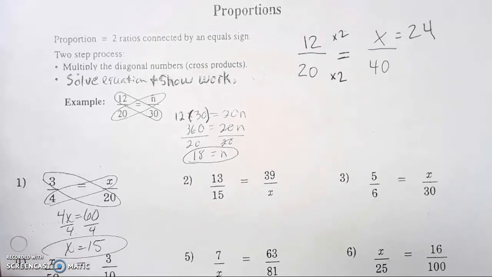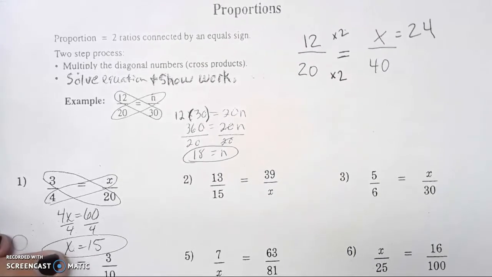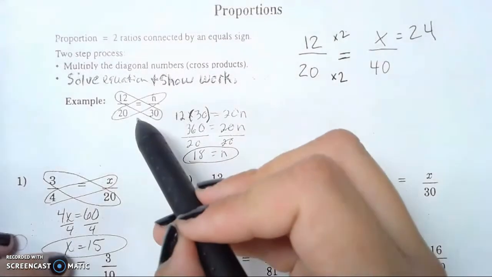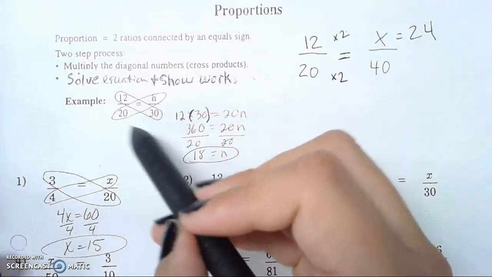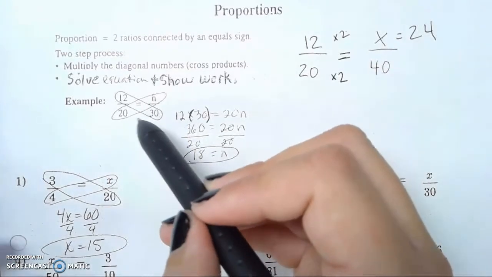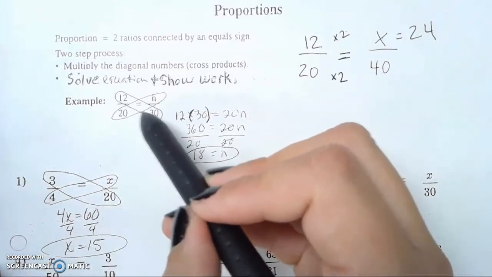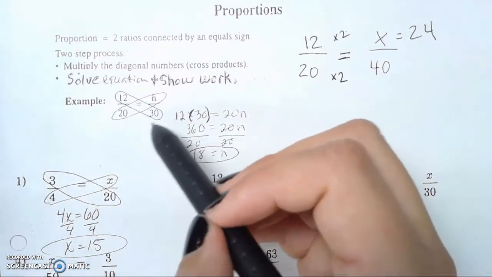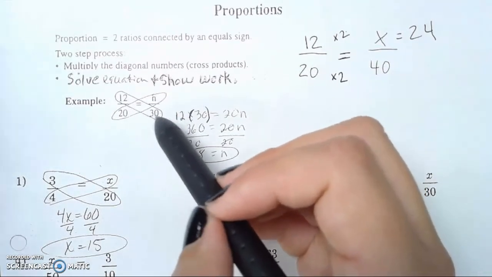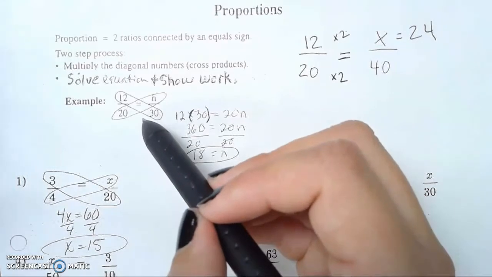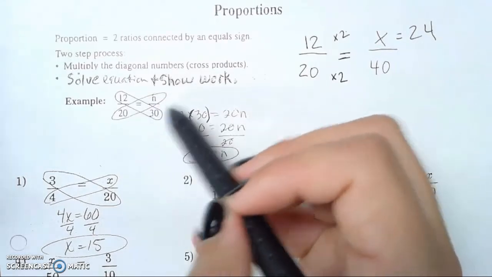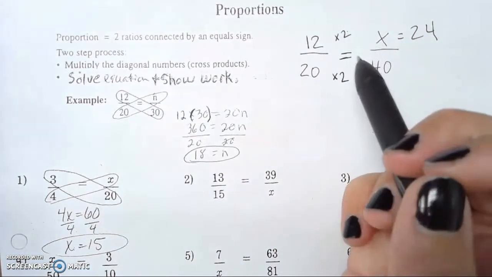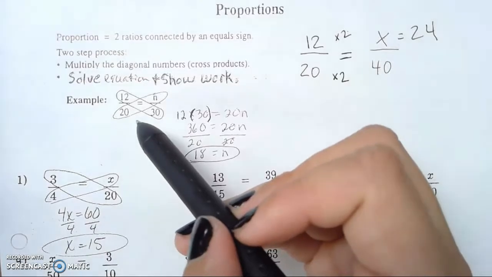So yes, that way does seem pretty easy, right? But notice this example over here is not as obvious to tell what our multiplying number is going to be, because 20 times something does not give us the exact 30 here, so this would have to be a decimal. So this is why this method doesn't work all the time, because of problems like this.